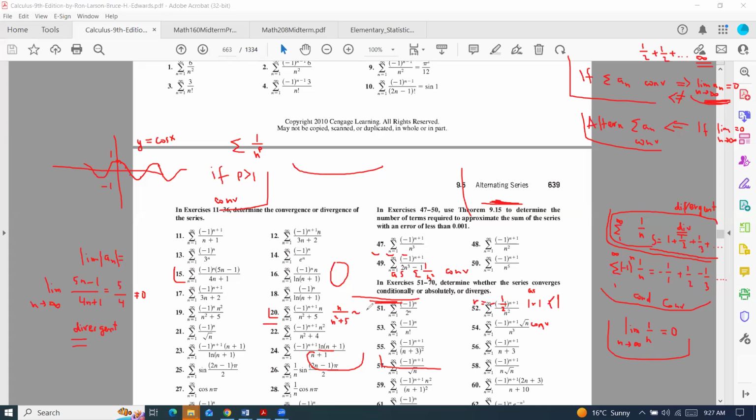Analogous to 1 over n, where we just care about the power of the top, which is 1, and the power of the bottom, which is 2, so I can cancel one of these n's, so it'll be 1 over n, which approaches 0, right?